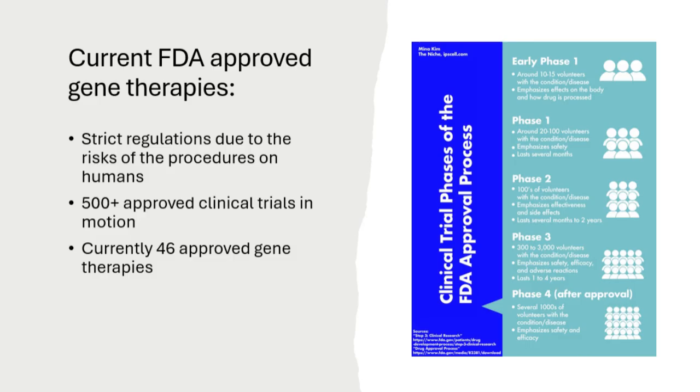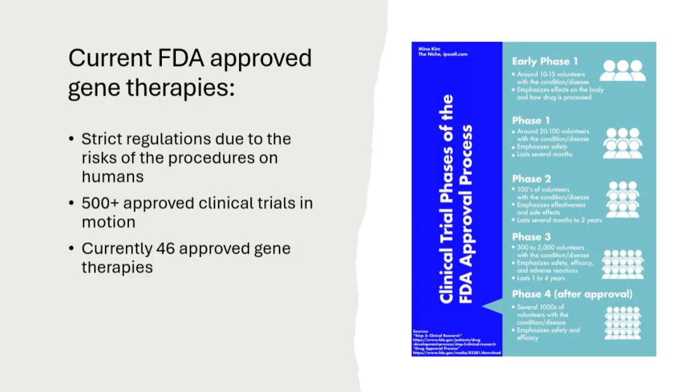They are well known for this, but they have very strict protocols when approving clinical trials and medicinal methods. There are 500 plus approved clinical trials ongoing dealing with gene therapy. As of this year, there are currently 46 approved gene therapies for a variety of diseases or disorders. These protocols are especially important when dealing with the risk of human life as we are here with gene therapy.